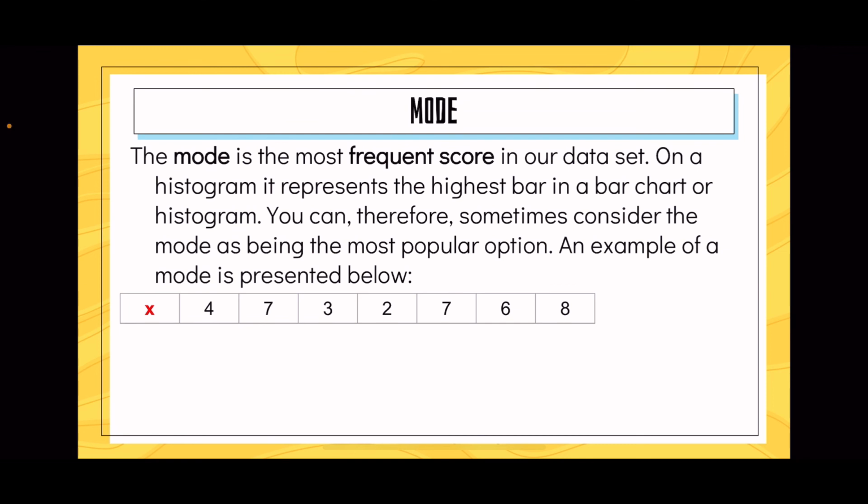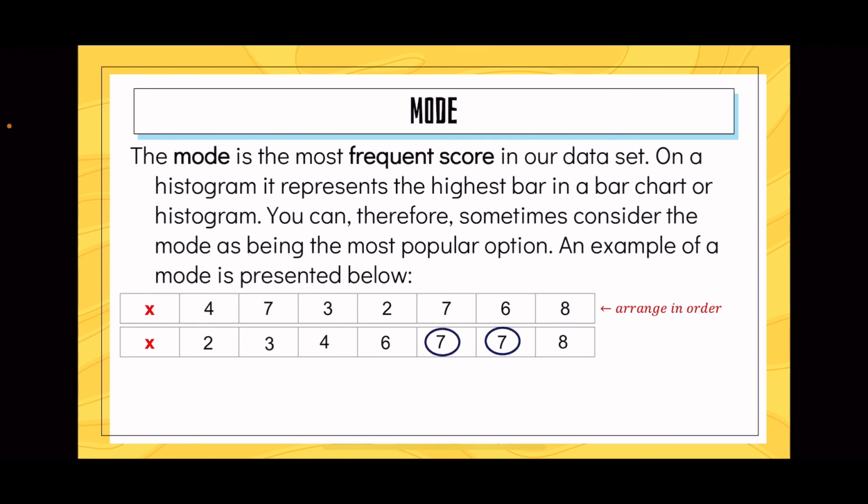So it will become 2, 3, 4, 6, 7, another 7, and the last one is 8. Very good. Which do you think appeared the most in this set of data? Very good. It's 7. Therefore, 7 is our mode.